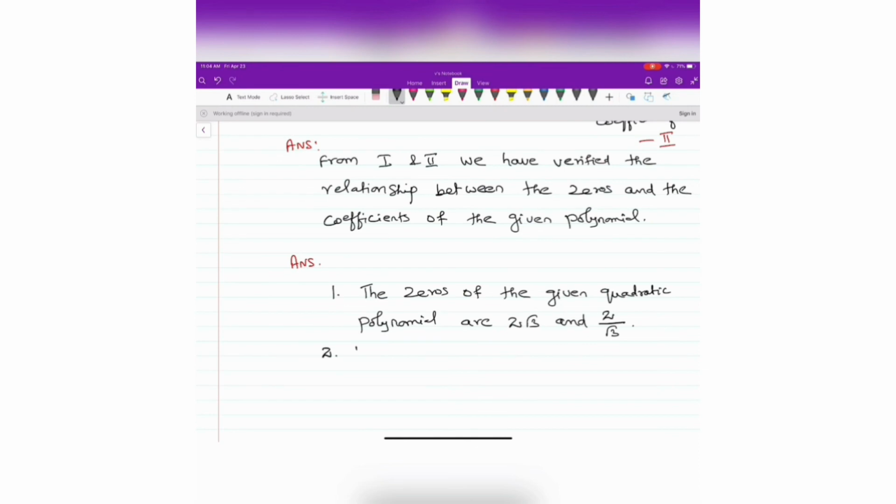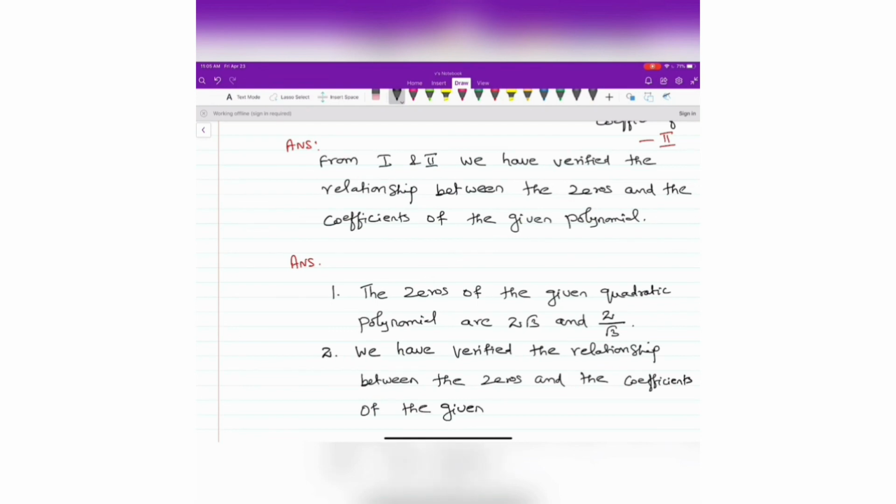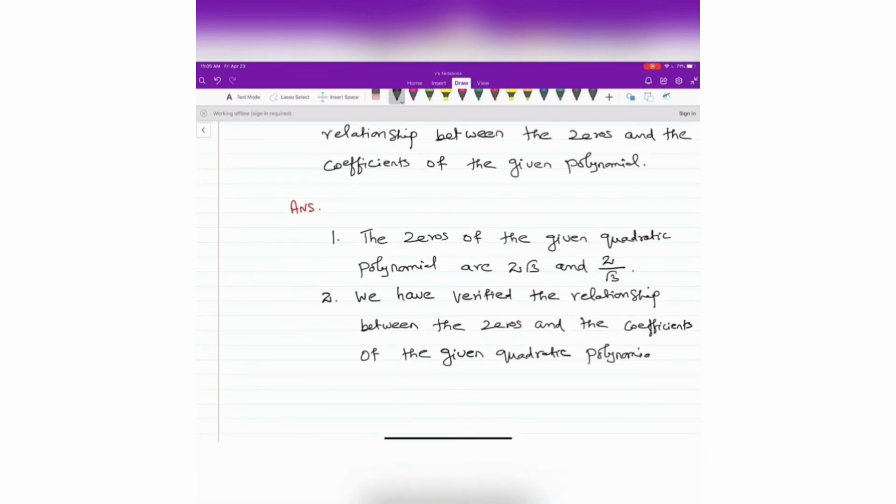Then the second result: we have verified the relationship between the zeros and the coefficients of the given quadratic polynomial. This is how you will be concluding your answer.